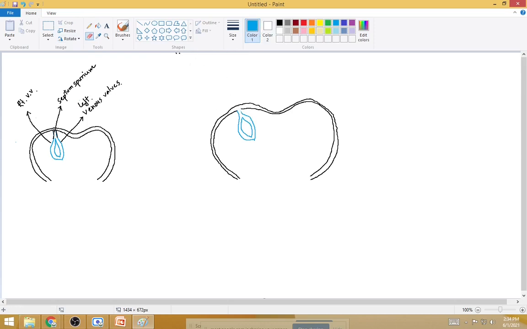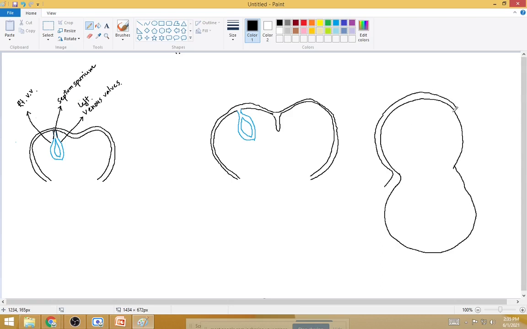Okay, now what is happening? There is a septum, which is crescentic shaped and comes out from the middle of the roof of the common atrial chamber. If you look at it from the lateral aspect, in the sagittal section, this is the atria.